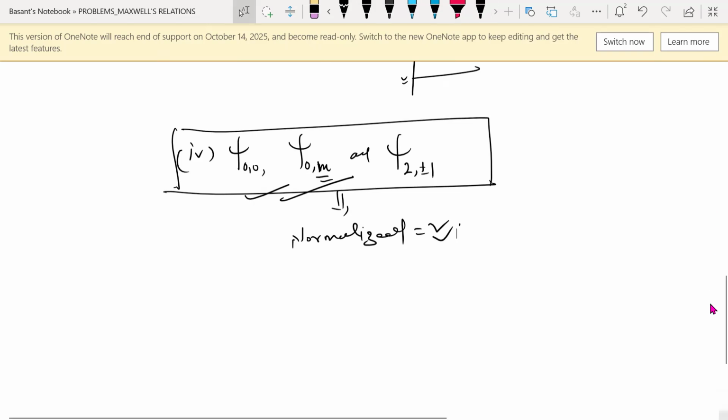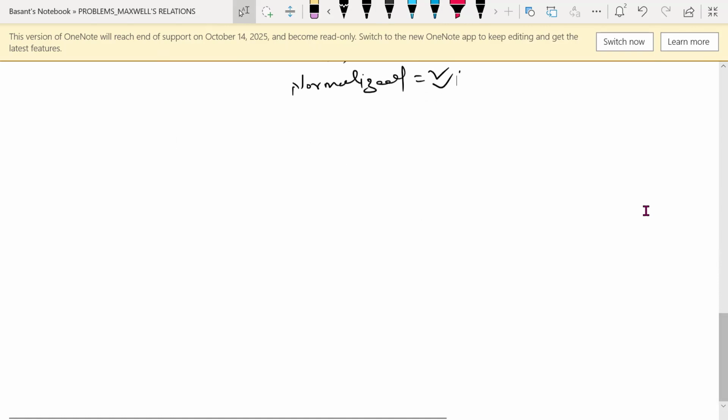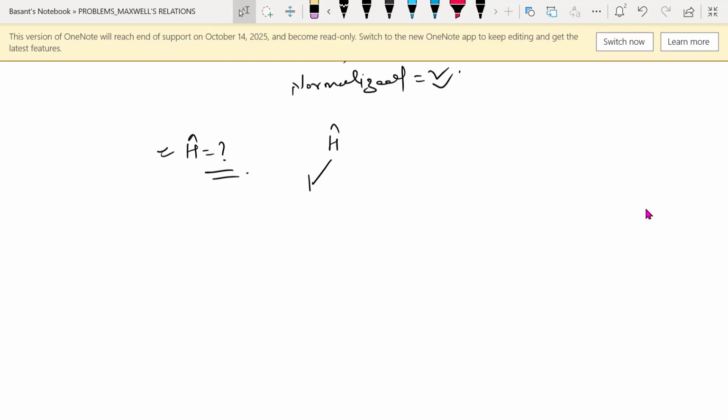So first we know about the Hamiltonian of this system. For writing the Hamiltonian, we have two energy parts, energy operators: one is kinetic energy and another is potential energy operator.